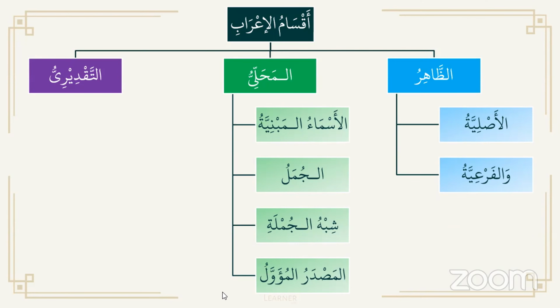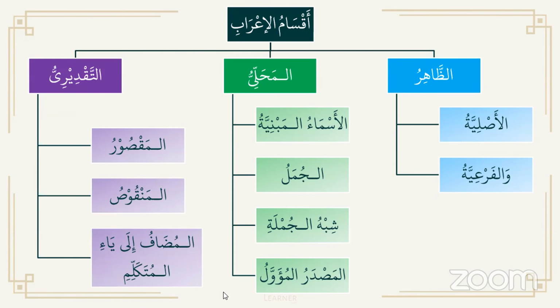Now, Taqdeeri contains the Maqsoor, Manqus, and Al Mudafu ila Ya al Mutakallimi. This is also very easy to remember. Maqsoor are those which end with alif maqsoora, or end with alif with a letter before it having fatha.